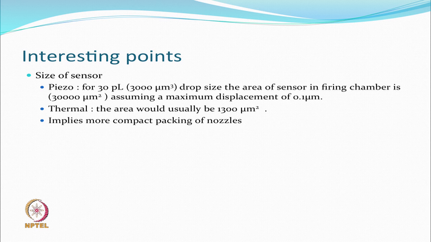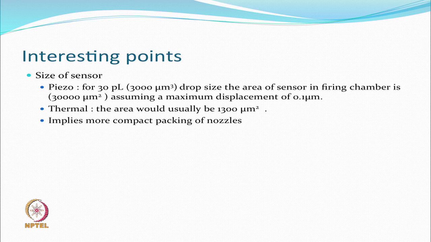So, for generating something like a 30 picoliter drop volume, the area of the sensor in the firing chamber is approximately 30,000 micrometer square, assuming that the maximum displacement is 0.1 micrometer for one pulse, that is the maximum.